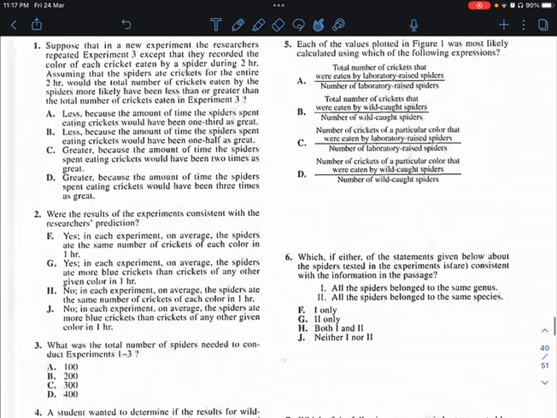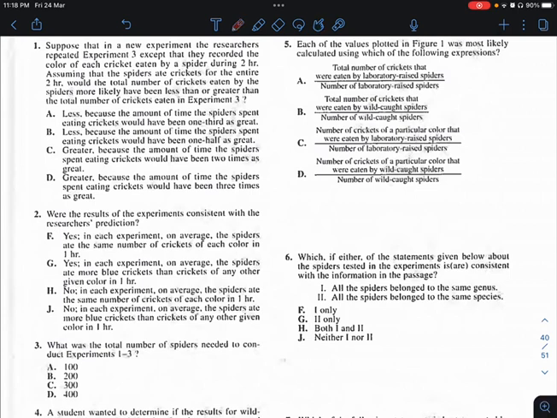So in the question, we need to pick the choice that mentions the total number of crickets of a particular color, specific color, and over the number of spiders that were caught from the wild.